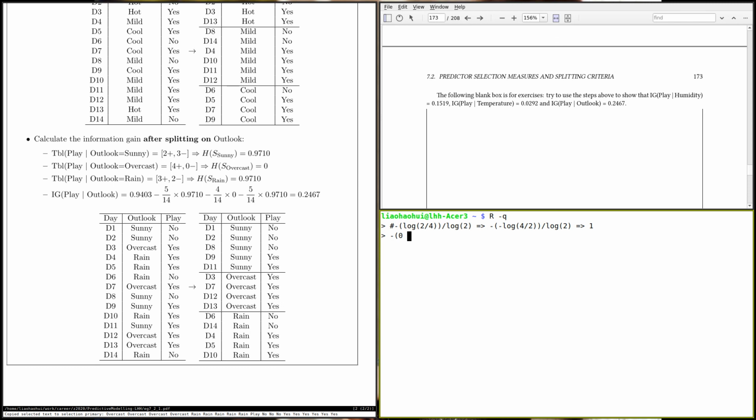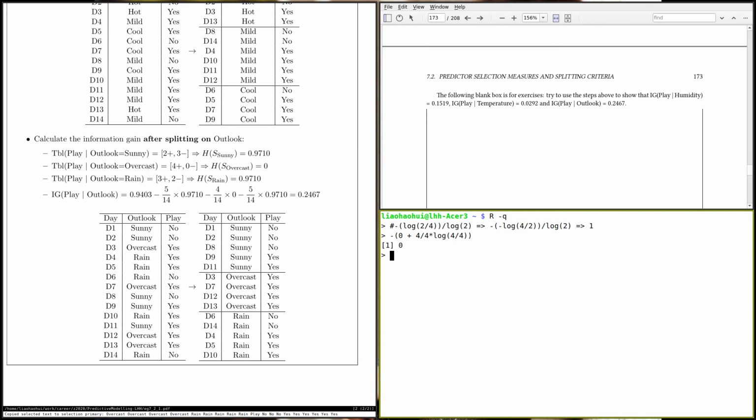You can't actually key it in, otherwise you will get a numerical error. The other one is rather simple, because it's 4 over 4 all yes, multiplied with log of 4 over 4. Everyone knows that log of 1 is equal to 0.